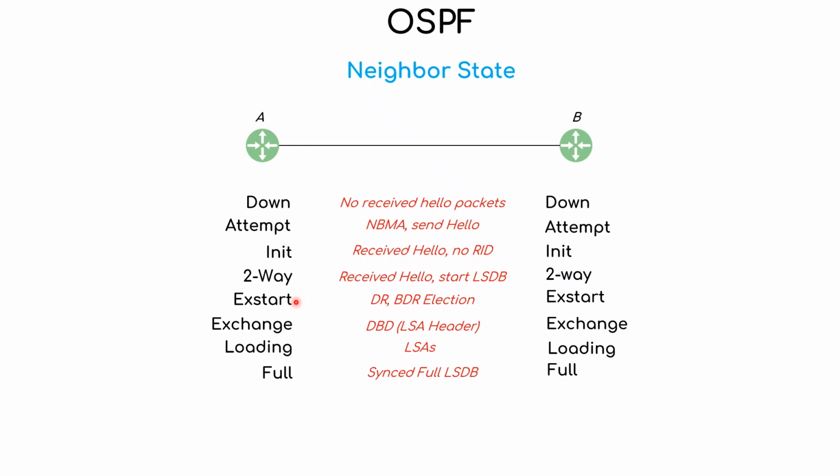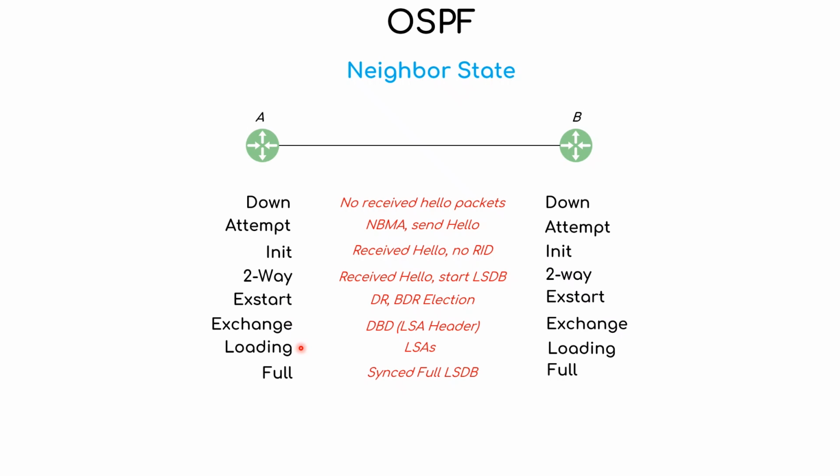The database descriptors are exchanged between the DR, BDR, and each DROther router. A database descriptor contains LSA headers describing the content of the link state database, not the full LSA information. The full LSA information will be exchanged in the Loading state.